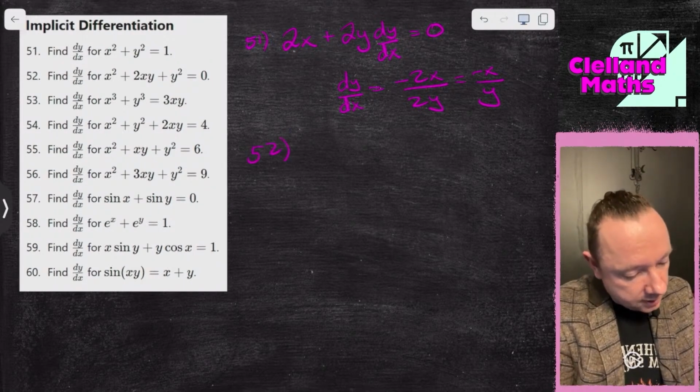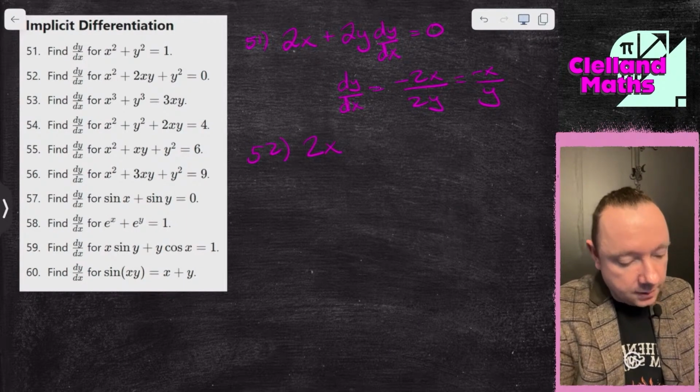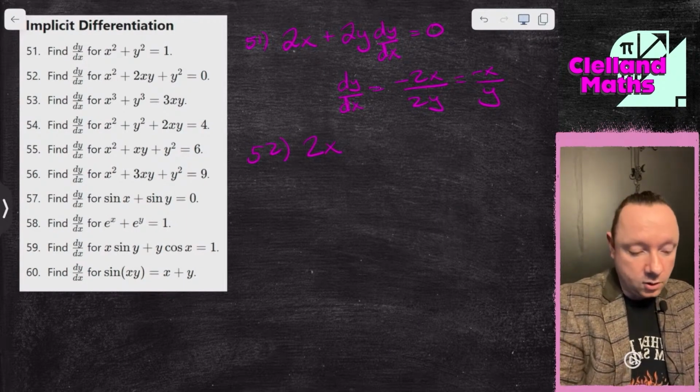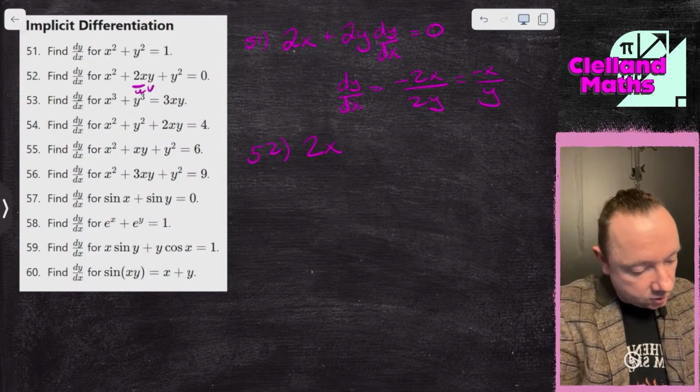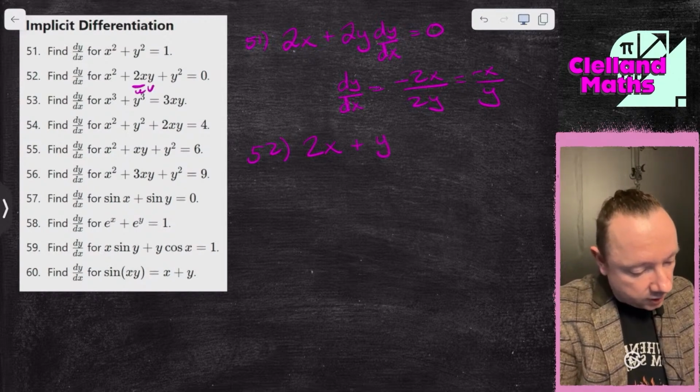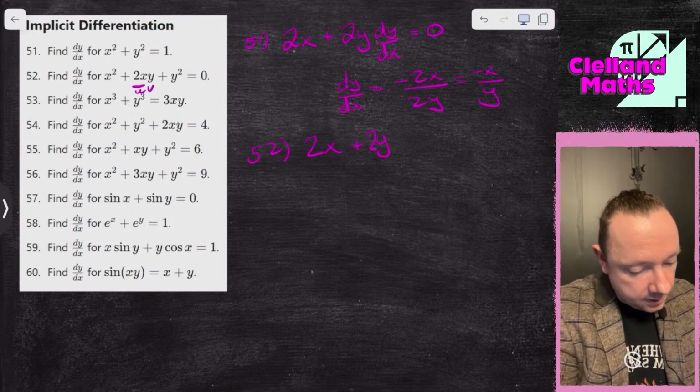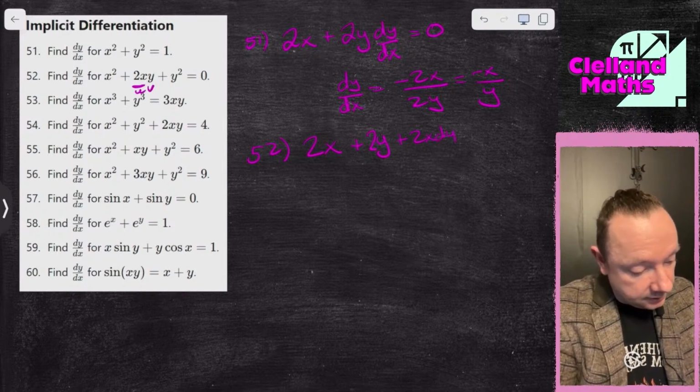52. We get 2x. Now we get the product rule coming in. So I'm going to use that as my u and that's my v. So plus v u dash, so times by 2, plus 2x, and then v dash is dy by dx. And then y squared is also 2y dy by dx, and 0.